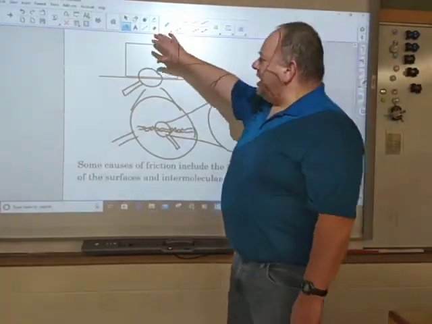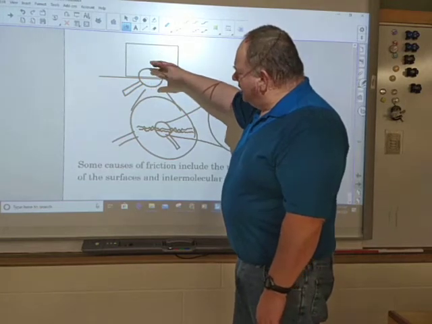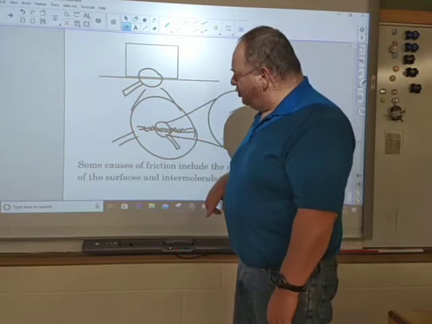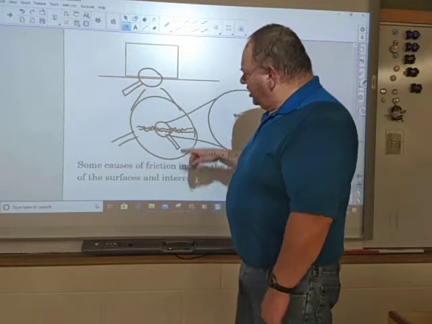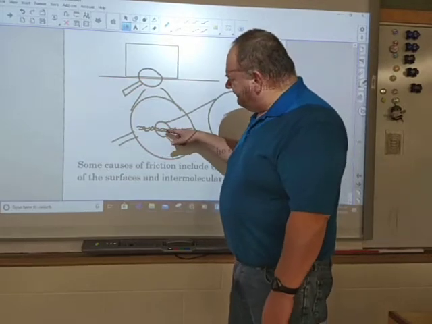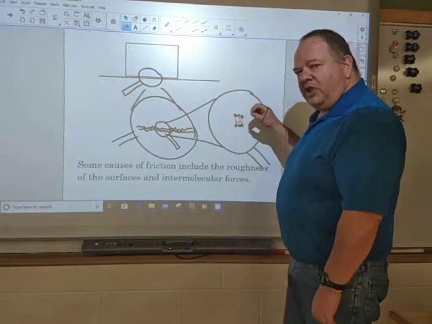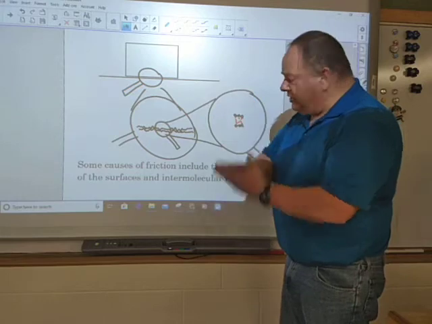So imagine I've got a block on a table and I take a magnifying glass and zoom in, and I see that the block and the table aren't perfectly smooth. There are little grooves and ridges and dips and divots. And let's say I look even further in. I get down to the molecular level and I see that there are maybe intermolecular attractions between the surfaces.